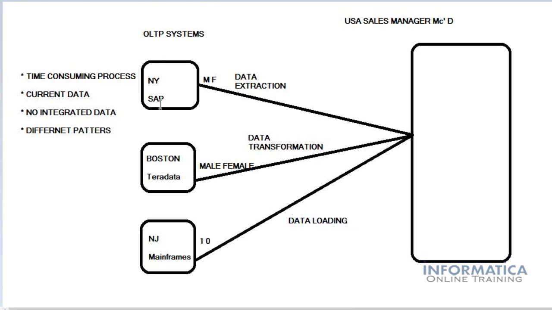So you can see the data that is present in multiple OLTP systems: I'm extracting the data, transforming the data, and loading the data into a very big database, which is called a data warehouse. So what is this data warehouse?